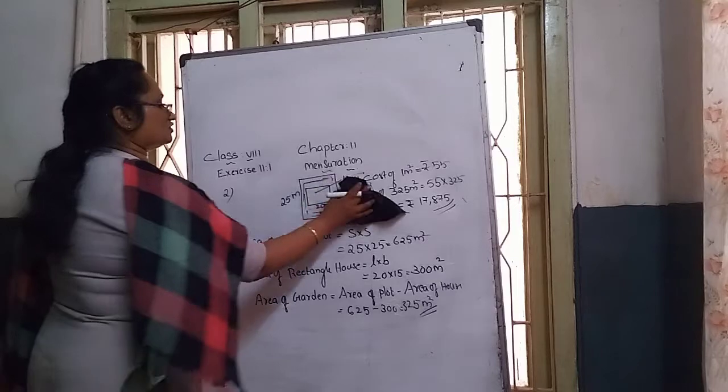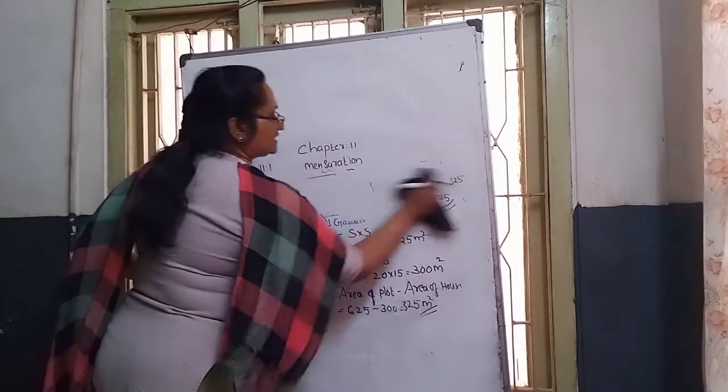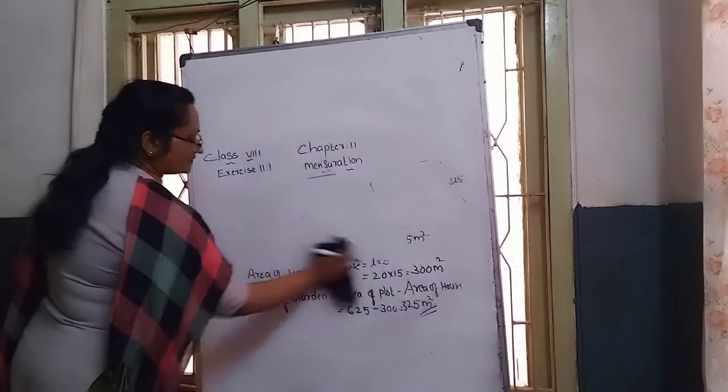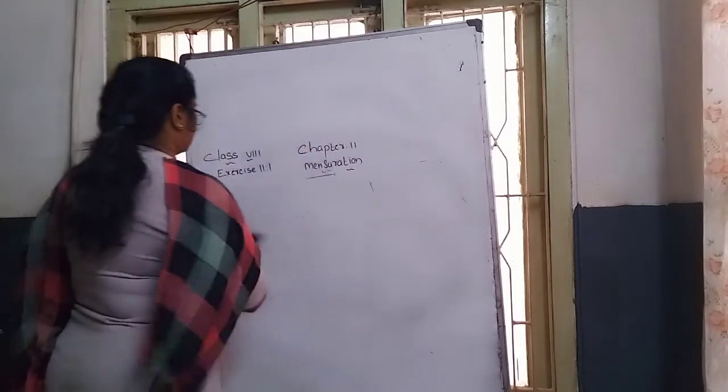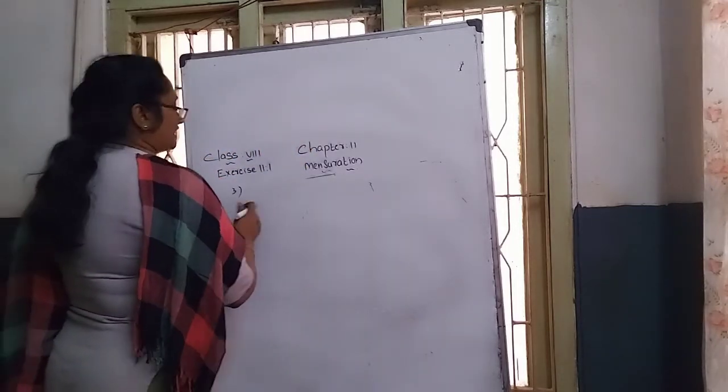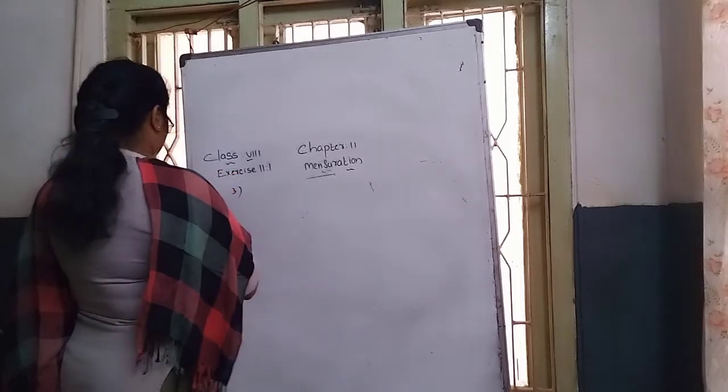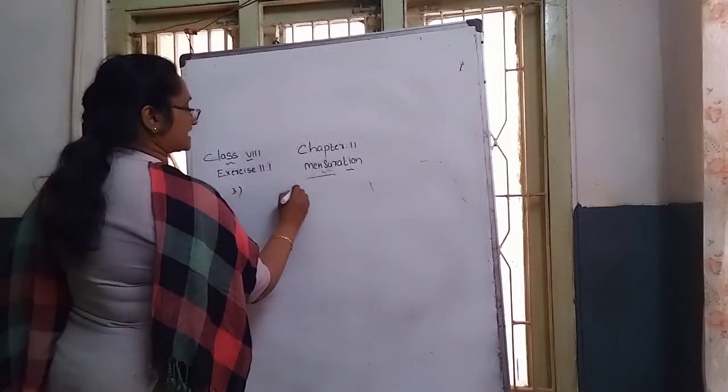Then next we go through the next question. In this question, they say about a garden. Here is a rectangular-shaped garden, the rectangle in the middle.